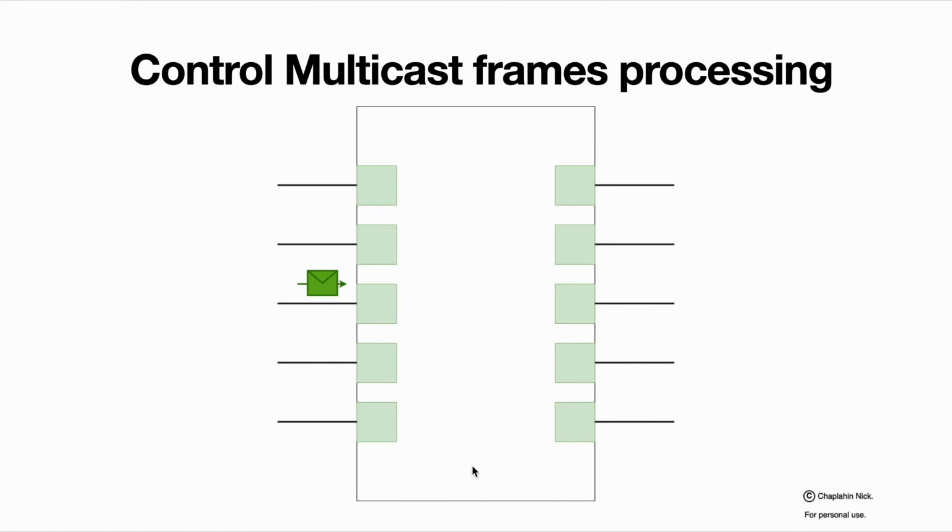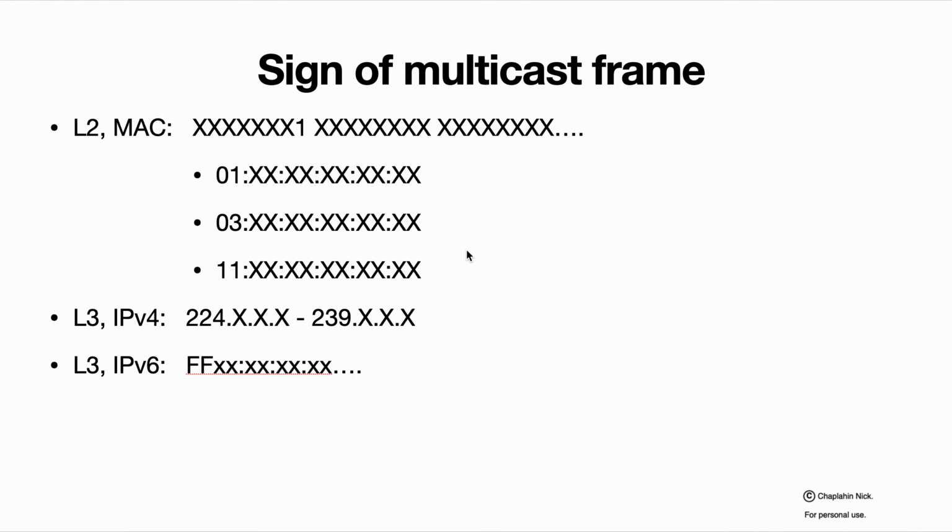And talking about control multicast frames, by the way, this is why we need multicast, or why multicast is better than broadcast: broadcast has only one address, and thus we can only allow it to pass or block it.